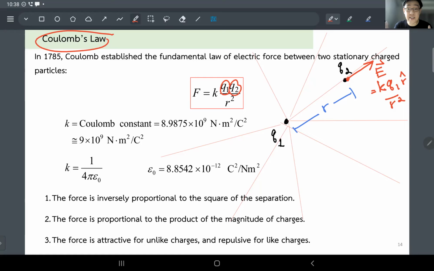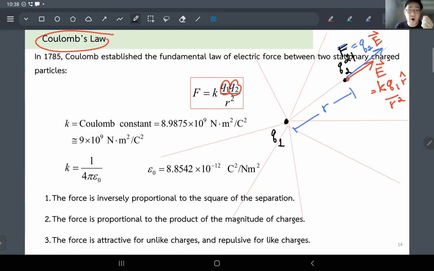All right, what is the force on Q2, guys? Well, that's easy. The force on Q2 is just going to be Q2 times that E. Done. And what is that? Let me call this F21.